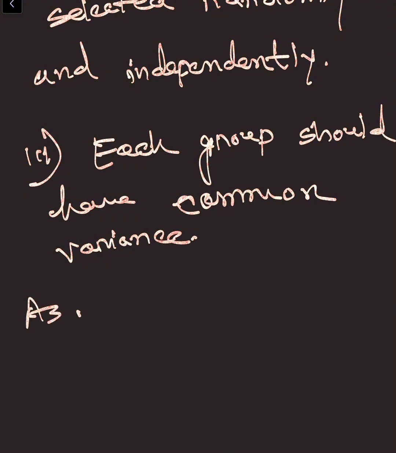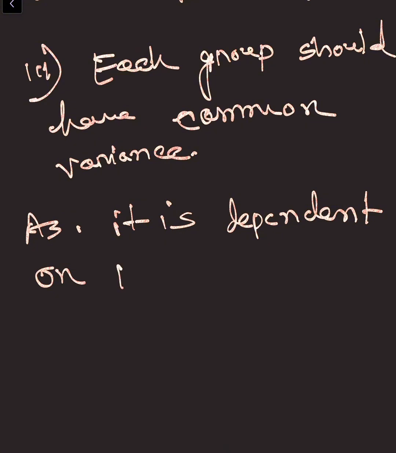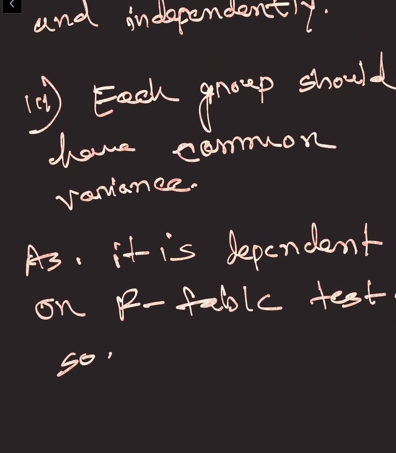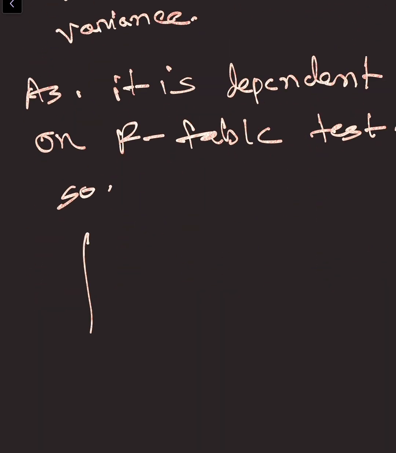As this is dependent on the F table test, a graphical visualization can be like this.